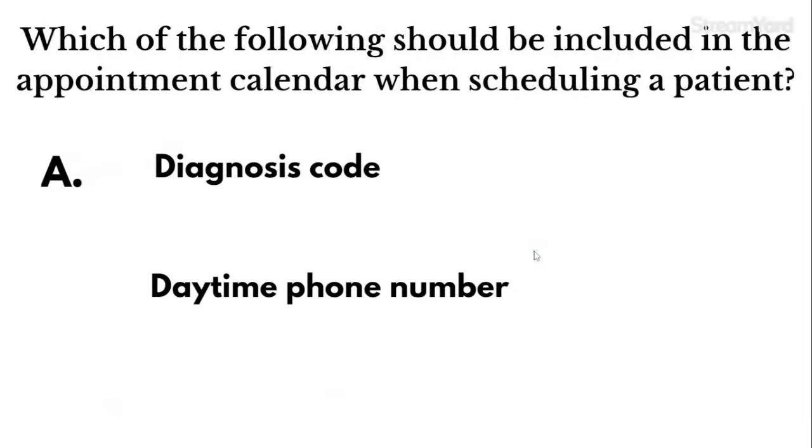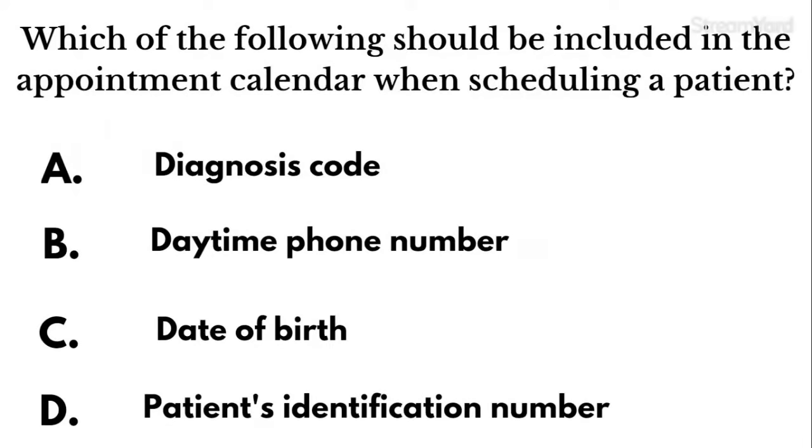Okay, next question. Which of the following should be included in the appointment calendar when scheduling a patient? The diagnosis code, a daytime phone number, date of birth, or the patient's identification number? You're welcome, Erica. You're making an appointment for a patient.